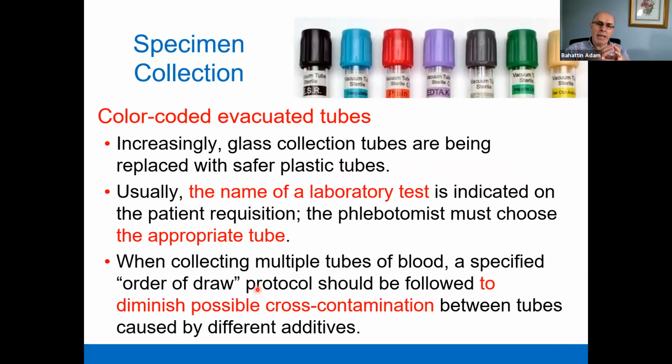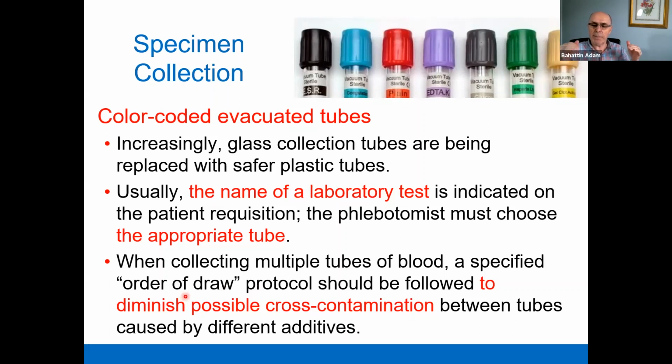The glass collection test tubes are being replaced with the safer plastic tubes. Nowadays, we are using plastic test tubes mainly, just only for some special tests we are using the glass test tubes, very rare.